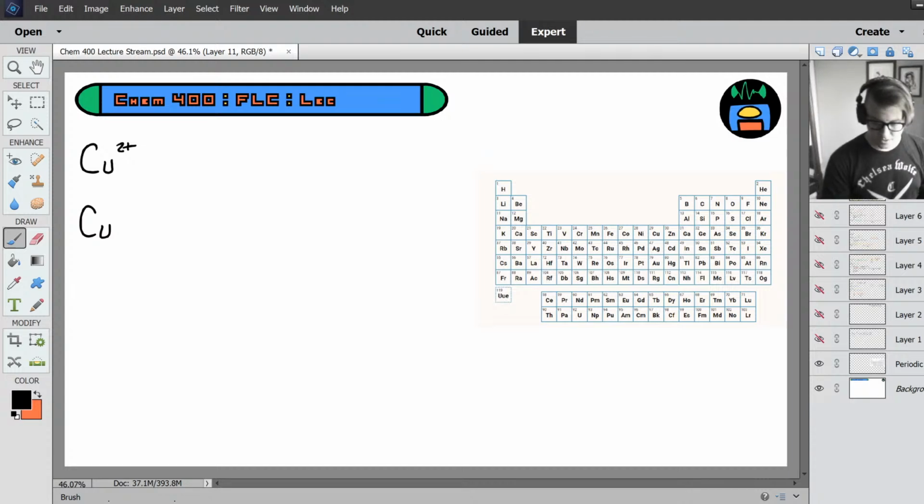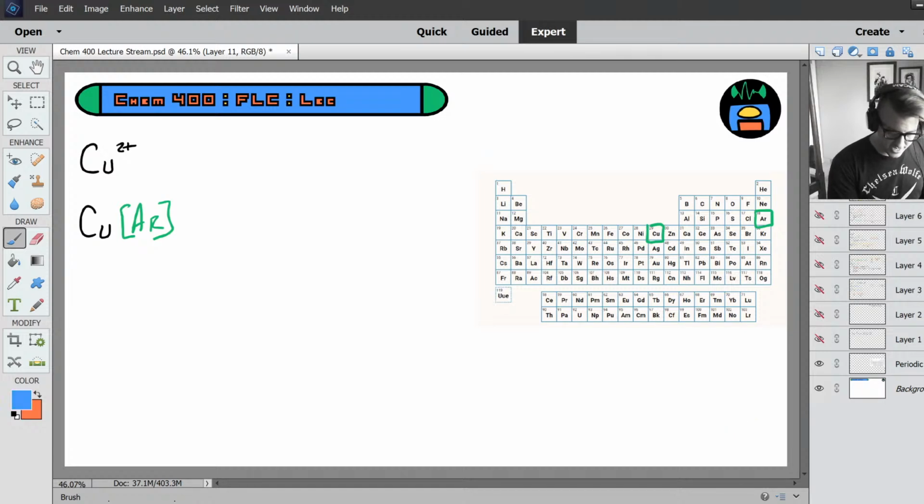So we're going to start by writing the electron configuration for copper 2. Copper's nearest noble gas is argon, so we're going to start by putting argon in brackets. Next, we identify the period we're sitting on.